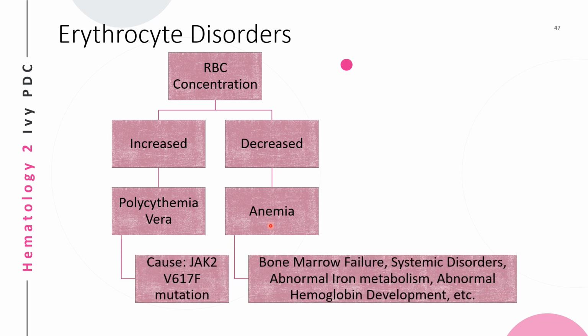Polycythemia is caused by a mutation of the JAK2 gene, specifically the V617F mutation. In anemia, there can be a lot of different causes. It can be a bone marrow failure or a systemic disorder. It may also be due to abnormal iron metabolism or abnormal hemoglobin development.